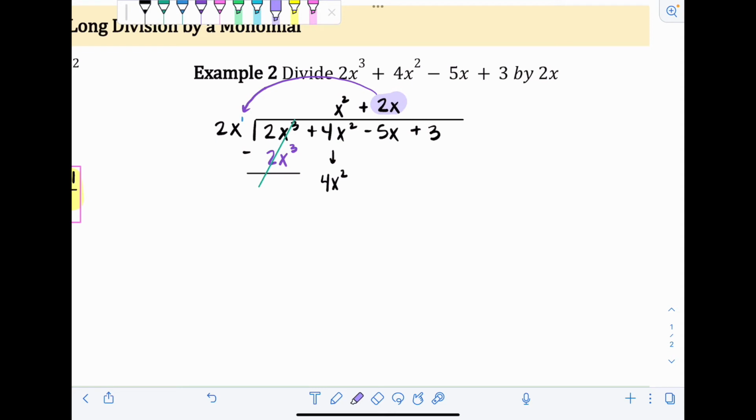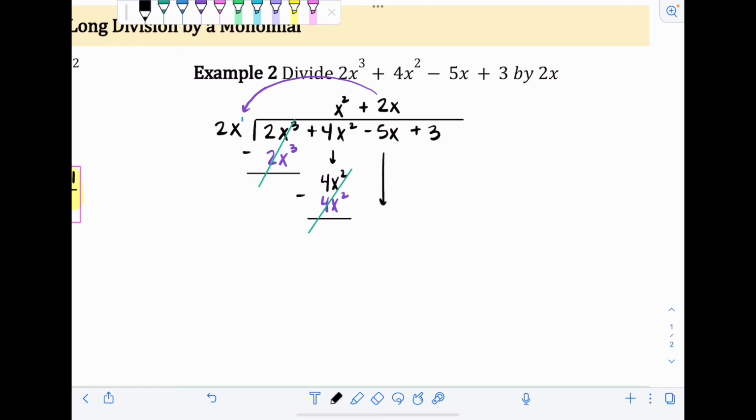I'm not doing both. So I do 2x times 2x, which is 4x squared. So the 4x squared goes down here. And then I'm subtracting with the goal to cancel out that term. 4x squared minus 4x squared is 0, so that cancels out, which means I'm doing everything right. If it doesn't cancel out, if it's not the same term, something is wrong.